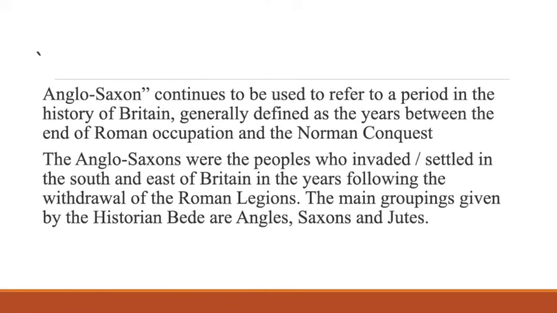Those who are preparing for different competitive examinations will note down the dates also, because these dates are very often asked in the examination, that what is the date of the Anglo-Saxon period. This is 450 to 1066. Now, this Anglo-Saxon period is also known as the Old English period.